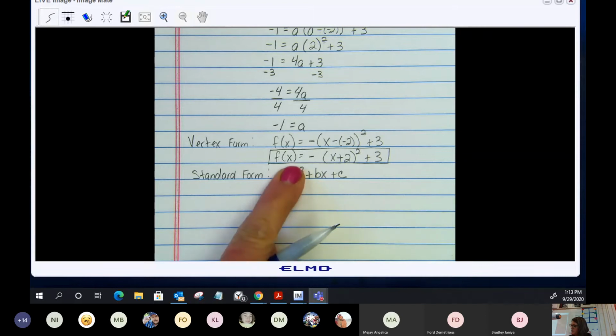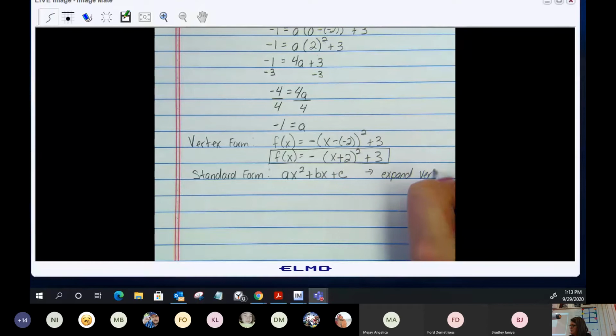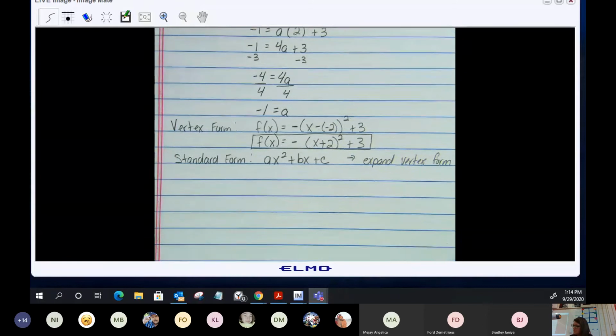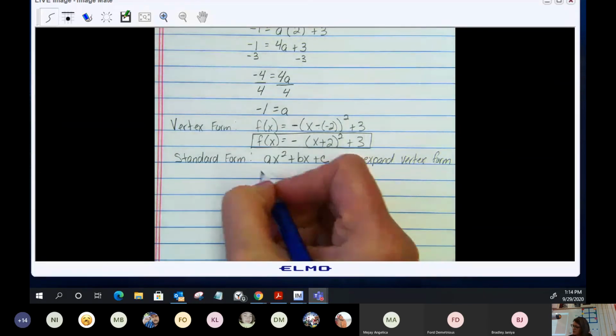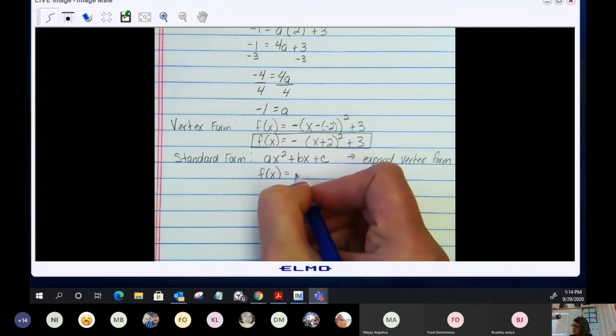Otherwise, this term would go away, and we'd be left with a linear function. So in order to do this, we would just expand the vertex form. Let me rewrite the vertex form, and again, we're going to use those Algebra 1 skills.